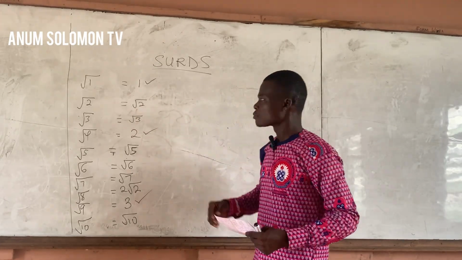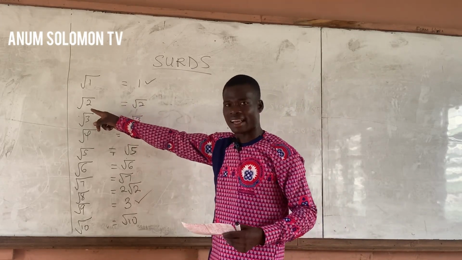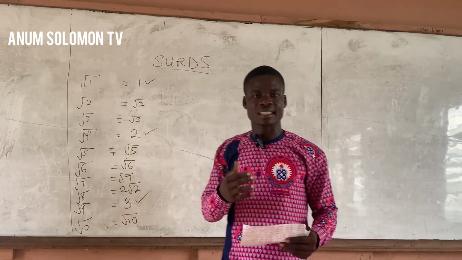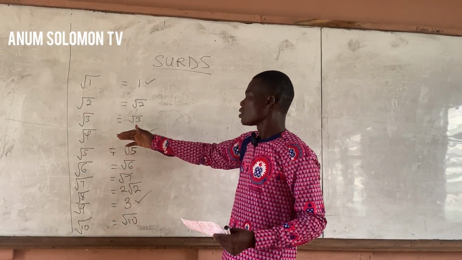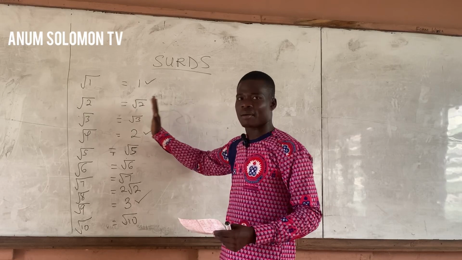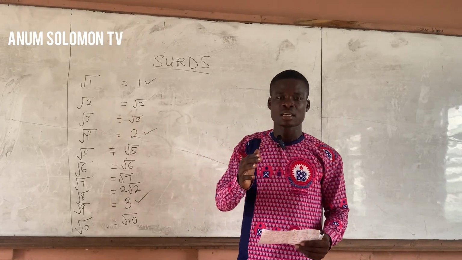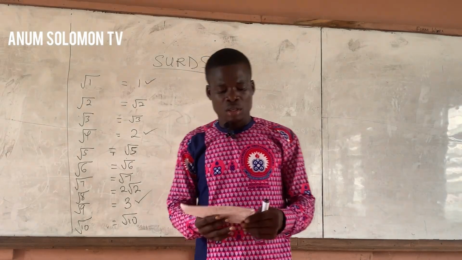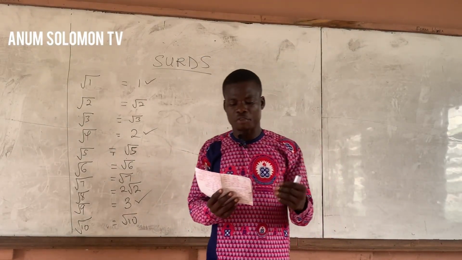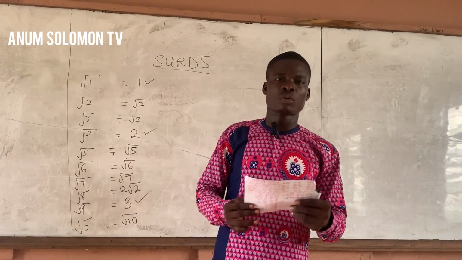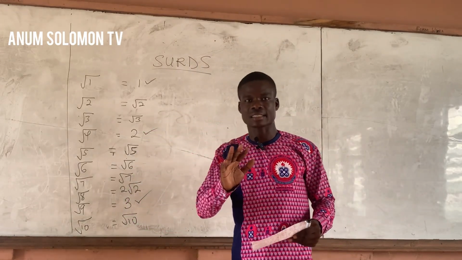So this means the numbers under the radical sign that give irrational numbers are called surds. Or we can also say that the roots of rational numbers which are not perfect squares are called surds.